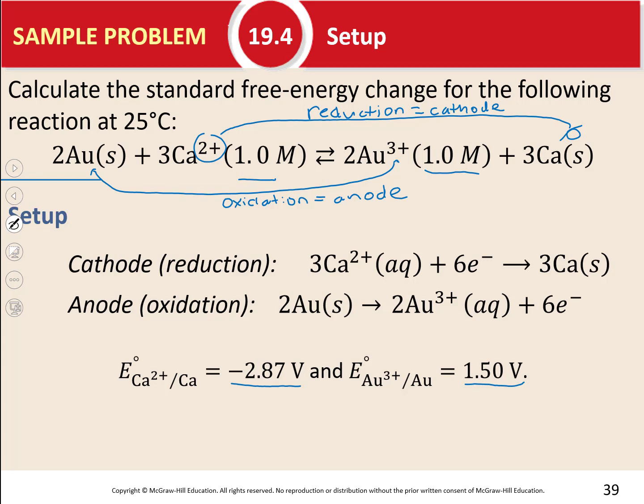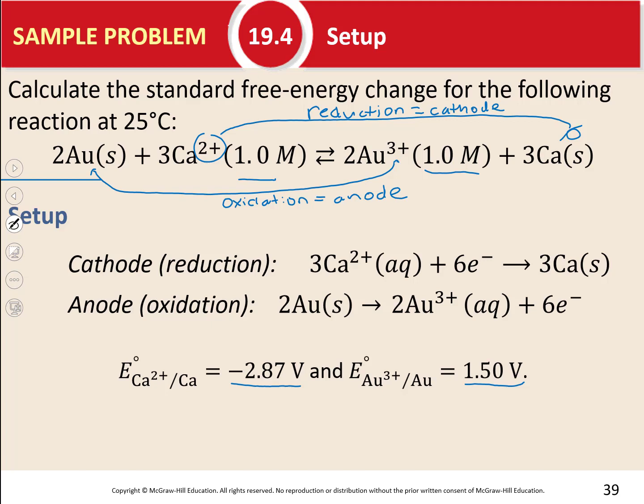Be careful with transition metals, because most of them have more than one possible charge. For example, iron could be iron 3+ or iron 2+. If you're looking on table 19.1, iron is listed more than one time because it depends on which charge you're going to.